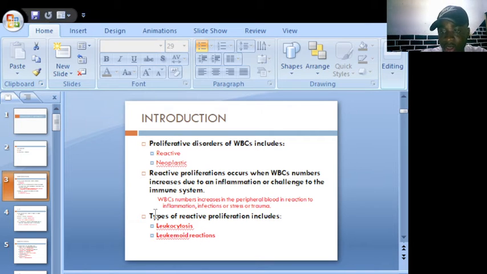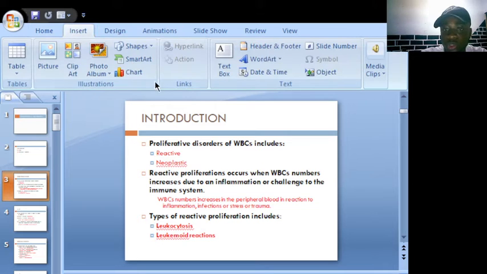WBCs. Now the first one I'll talk about is proliferative disorders of WBCs, that is factors that cause high levels of white blood cells. So proliferative disorders of WBCs can be grouped into two.